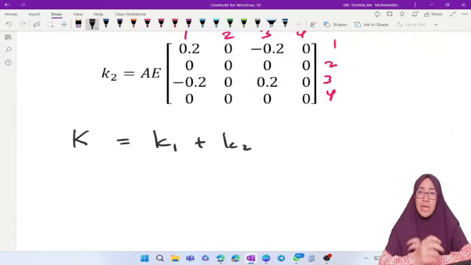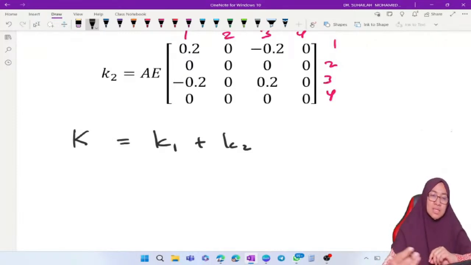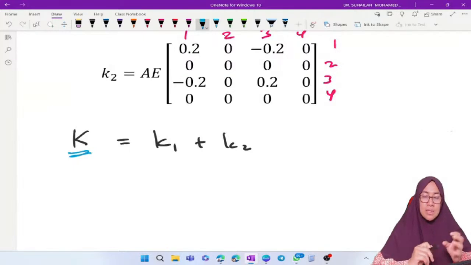Okay, even though for K1 and K2 the matrix size is 4 by 4, however, the capital K, the structure stiffness matrix, must follow the number of degrees of freedom. Since this has 6 degrees of freedom, we will produce a 6 by 6 matrix.